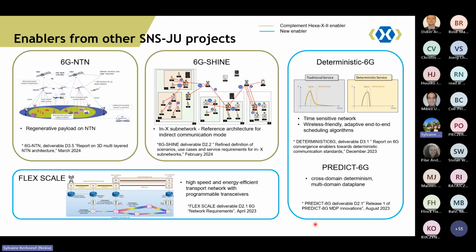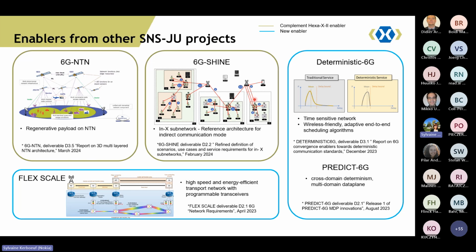And so far we have looked at those different projects, and for example, we have looked at 6G-NTN, providing a deep look at non-terrestrial network and integration with 6G. So it provides much more than what we currently have in Hexa-X-II.